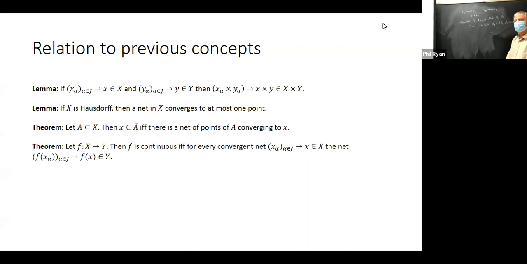What else? There exists something else. Let's call it beta. There exists a beta such that x delta is in U2 whenever delta is greater than beta.